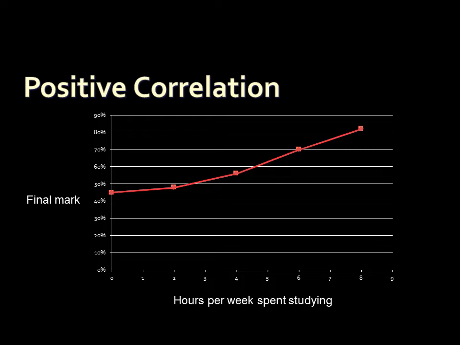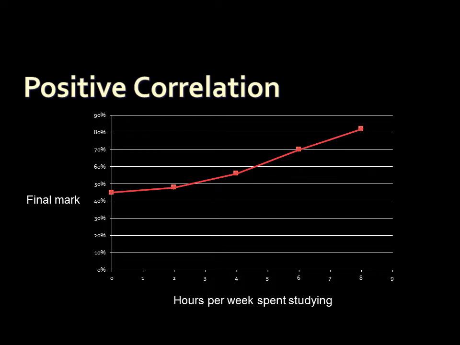So it's not a perfect relationship, as you can see on this graph, but what this graph shows is a hypothesized positive correlation between hours per week spent studying and final mark. And you can see that as hours per week goes up, at the same time, if you look at the red line, final mark is also going up.